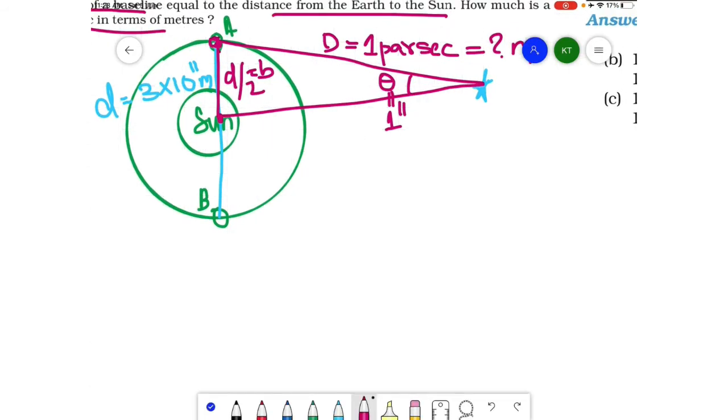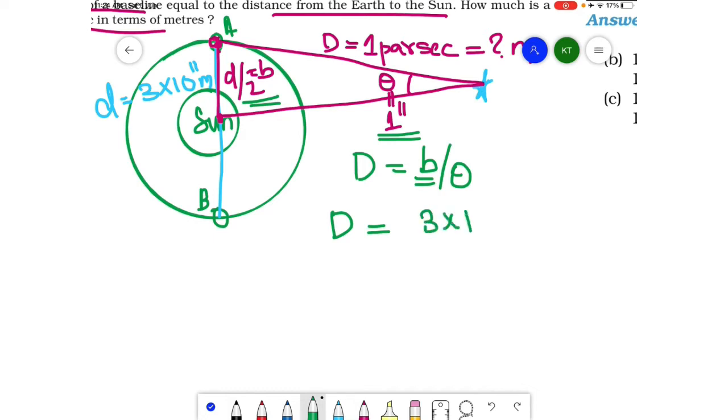So from the formula, we said we know d equal to b by theta, right? So what is b here? d by 2. Theta is 1 second. We need to find what d in terms of parsec is, right? So d is equal to b is 3 into 10 power 11 divided by 2 into 1 by theta, that is 1 second.